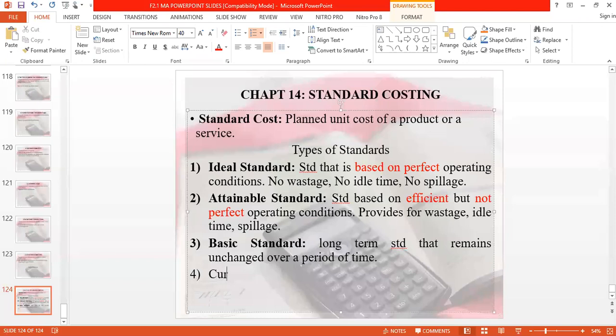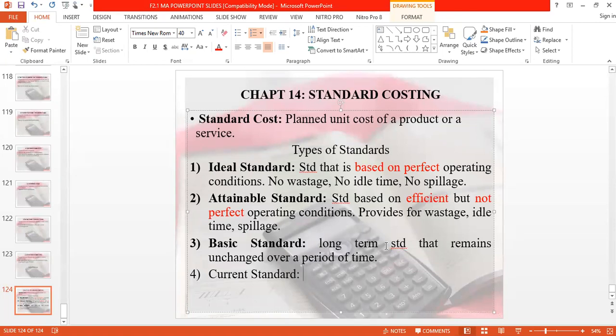Next, we have the current standard. It is the opposite of basic.